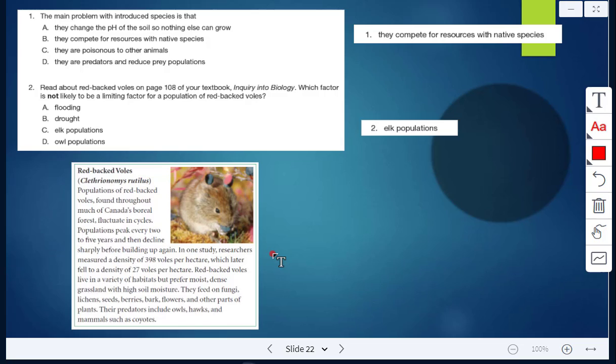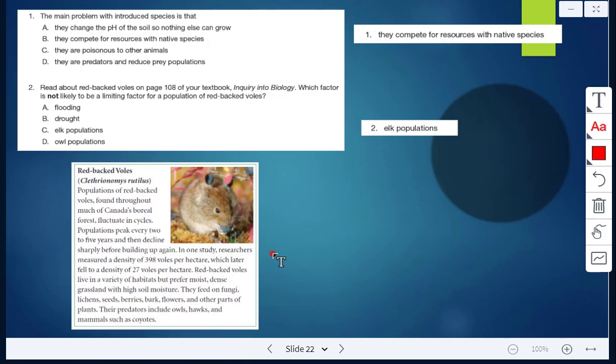In one study, researchers measured a density of 398 voles per hectare, which later fell to a density of 27 voles per hectare. Red-backed voles live in a variety of habitats but prefer moist, dense grassland with high soil moisture. They feed on fungi, lichens, seeds, berries, bark, flowers, and other parts of plants. And their predators include owls, hawks, and mammals, such as coyotes.